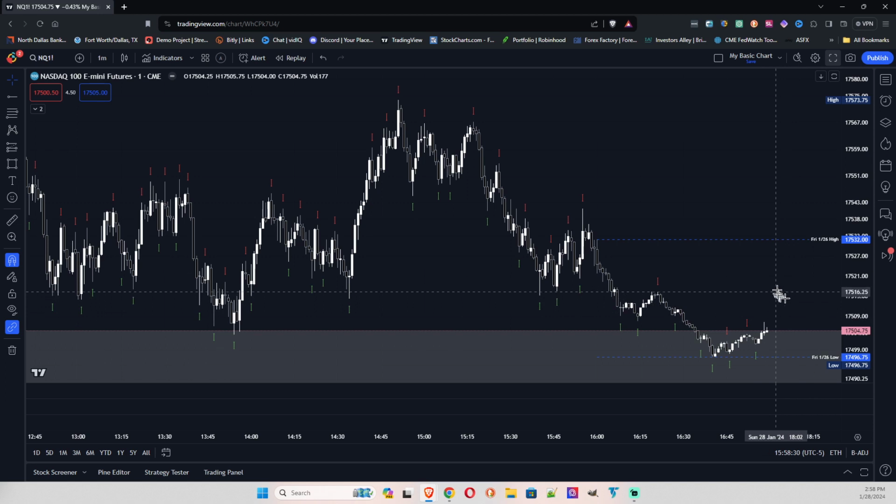And then in the morning, I'm going to start marking fair value gaps, whether they're bearish or bullish or whatever. Y'all have seen me trade those before. So I'm going to do that.